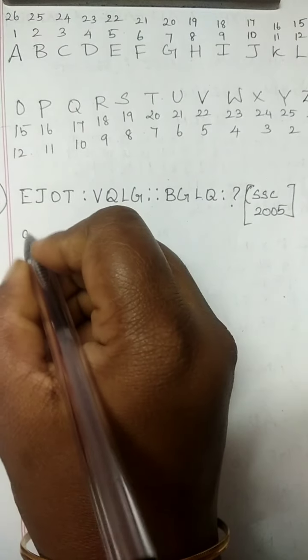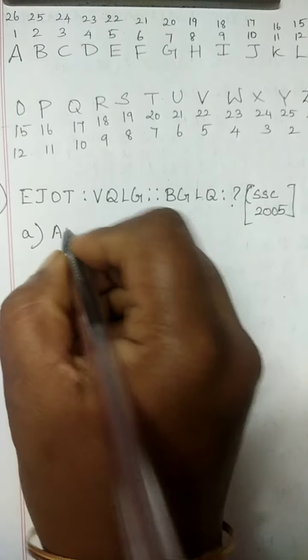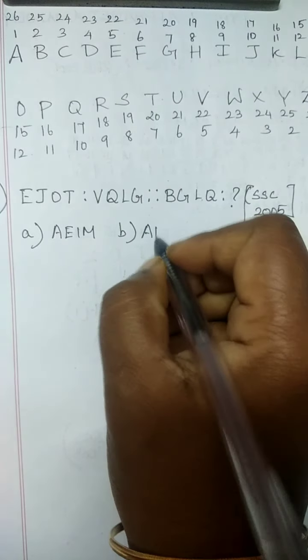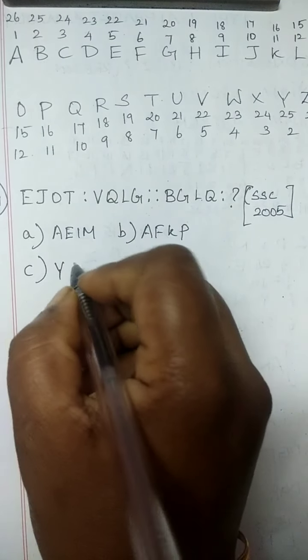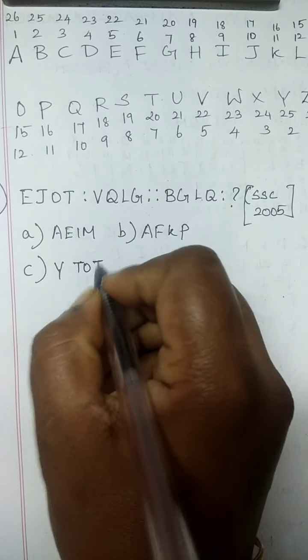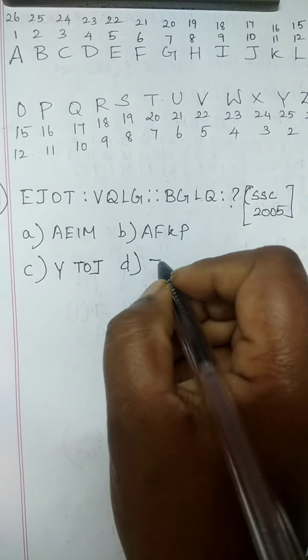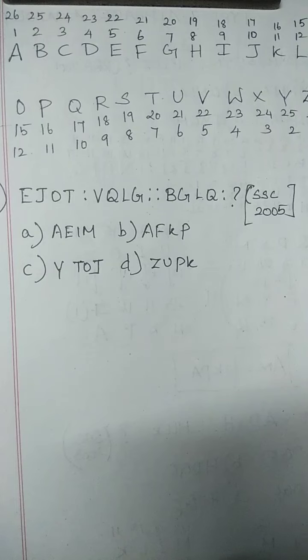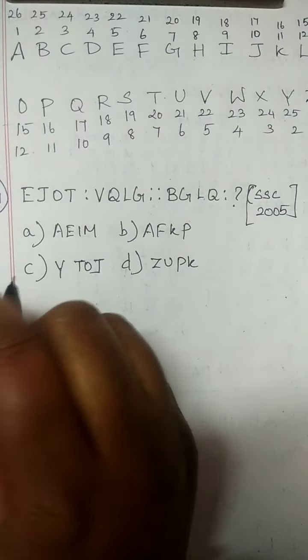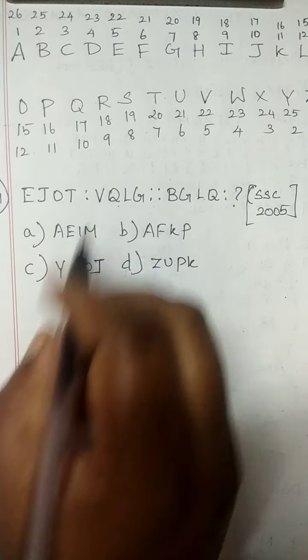The options are: option A, AE, IM; option B, AF, KP; option C, Y, T, O, J; option D, ZUPK. What we have to do first is find the clue from the question.